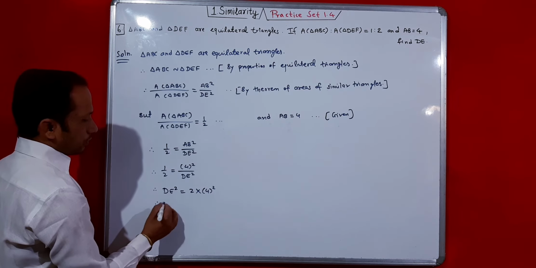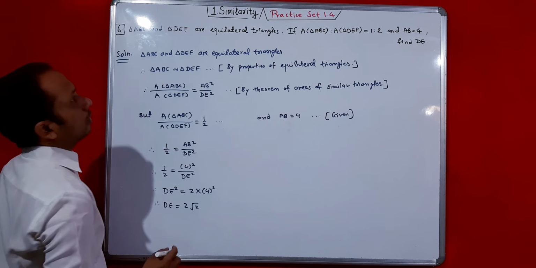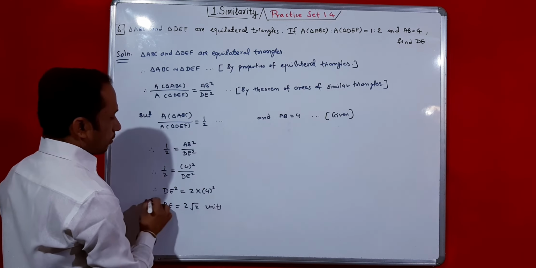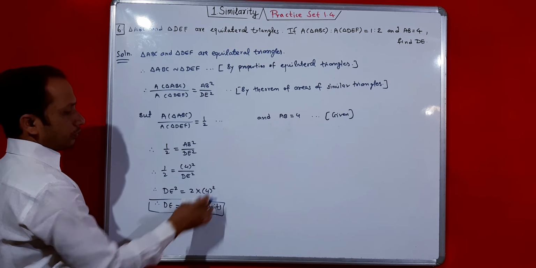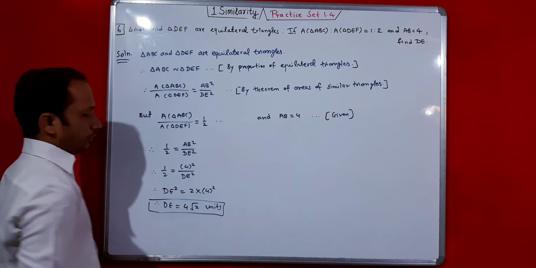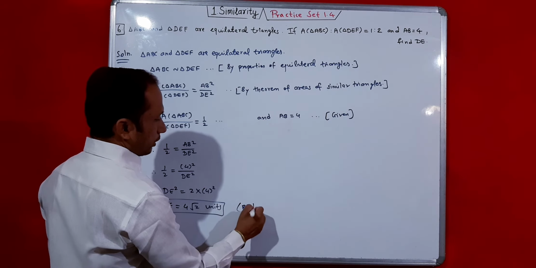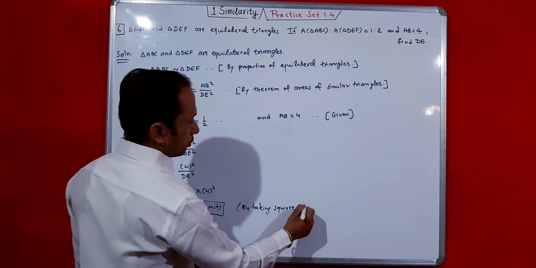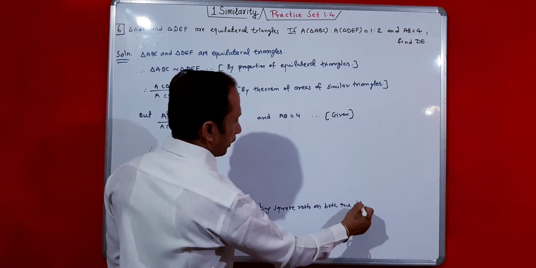By taking square root on both sides, this is 4 actually, 4 into root 2 units, by taking square roots on both sides.